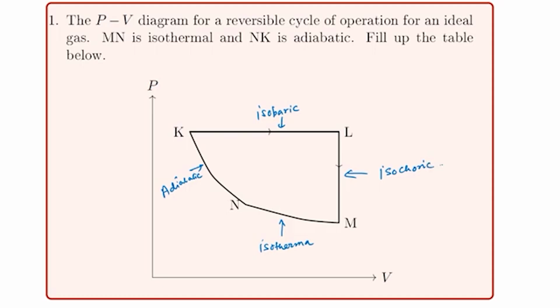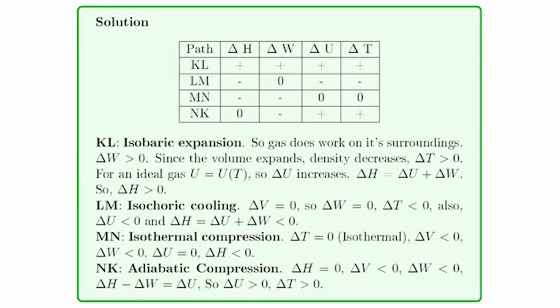And then it says to fill in the table for different thermodynamic quantities, which are the enthalpy, delta W, which is work done, delta U, the change in internal energy, and the change in temperature.